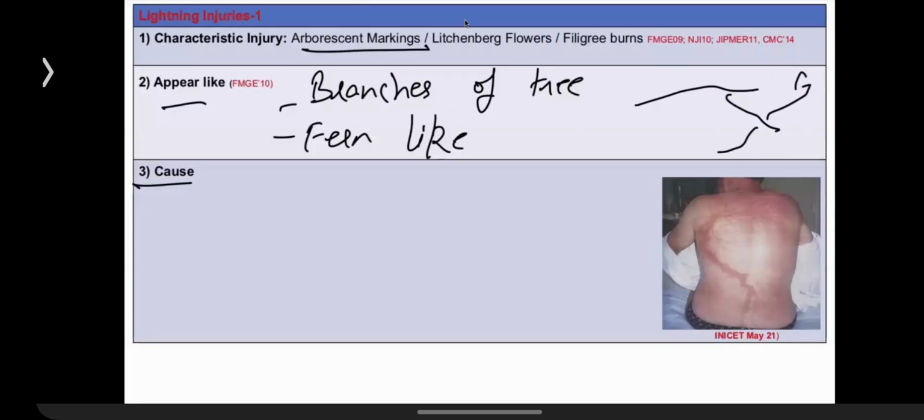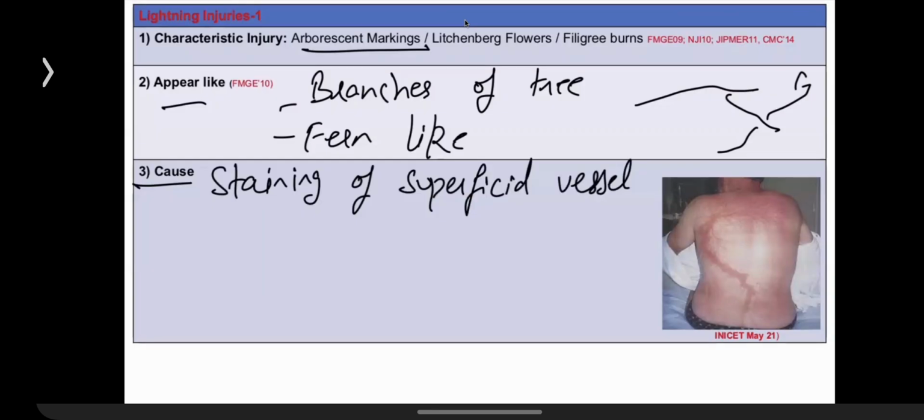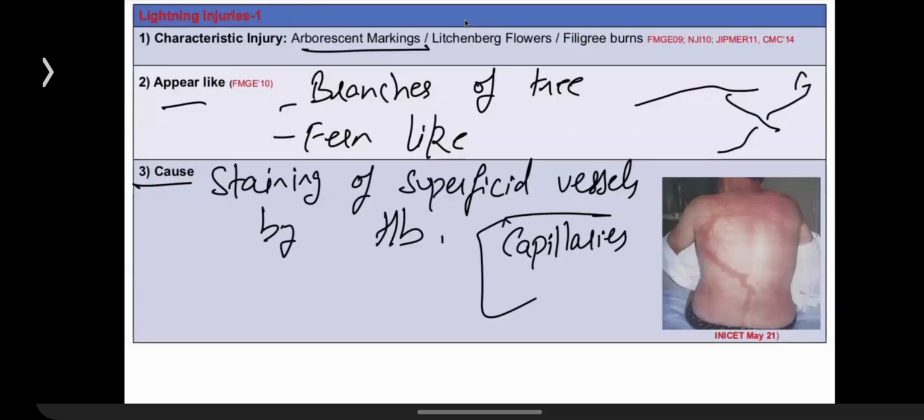The cause is staining of superficial vessels by hemoglobin. In the superficial capillaries, hemolysis occurs due to the lightning current. Because of that hemolysis, the superficial capillaries get stained by the hemoglobin.